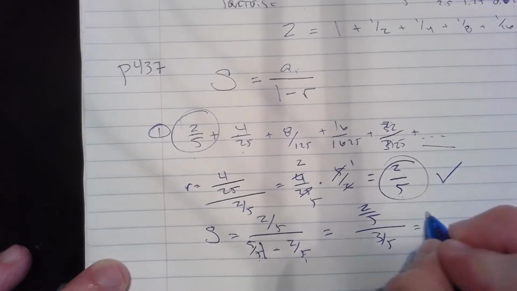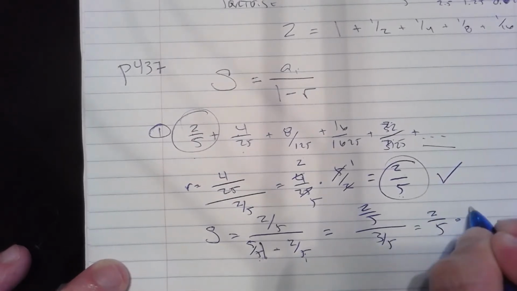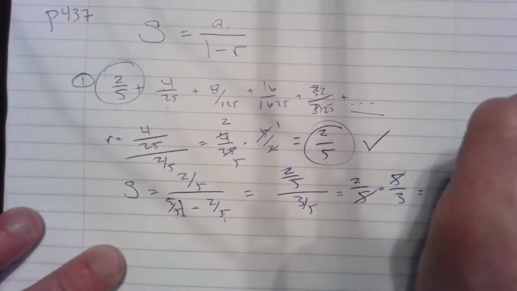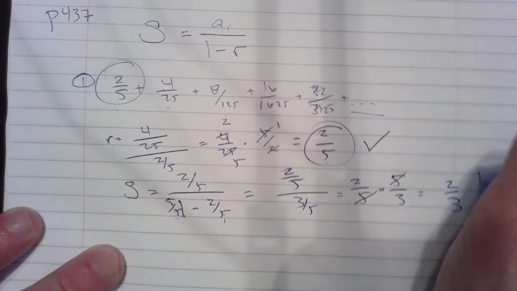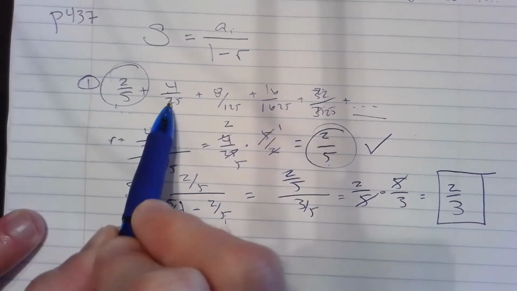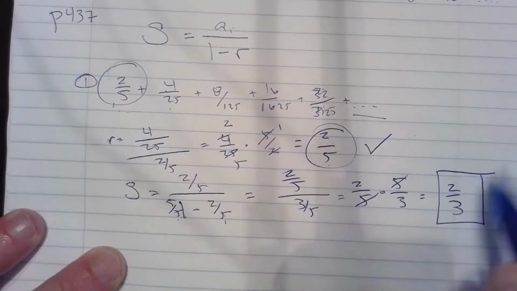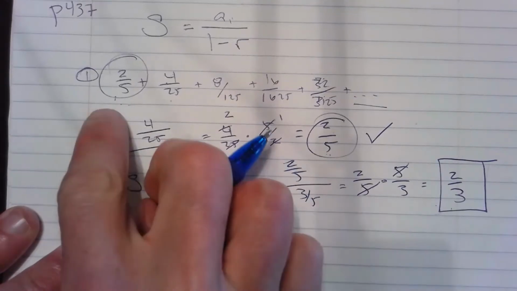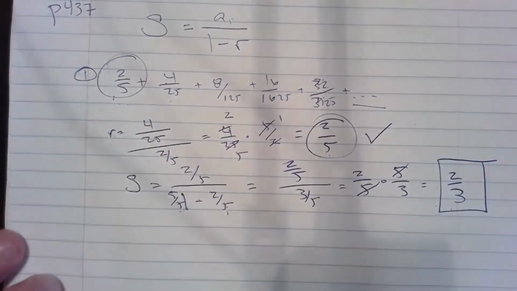And then we're going to multiply by the reciprocal of the denominator, and we notice that the 5's cancel out, which is a coincidence. So the sum of this geometric series that starts at 2/5, has a common ratio of 2/5, and goes on to infinity, actually all adds up to 2/3. Okay?